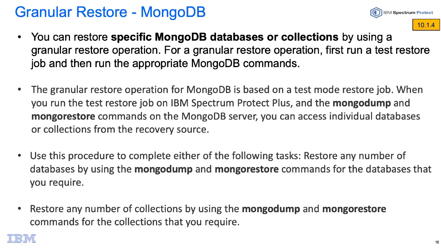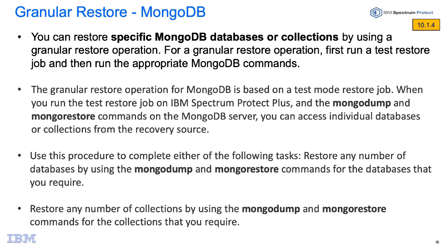Now, if you recall, back when we introduced support for Mongo at 10.1.4, we did not support restoring specific databases or collections when you were protecting MongoDB with Spectrum Protect Plus. And beginning in version 10.1.4, you can now restore specific MongoDB databases or collections by using a granular restore operation.